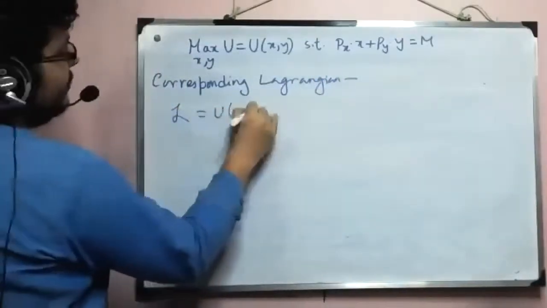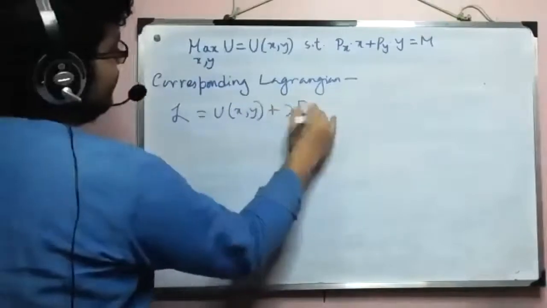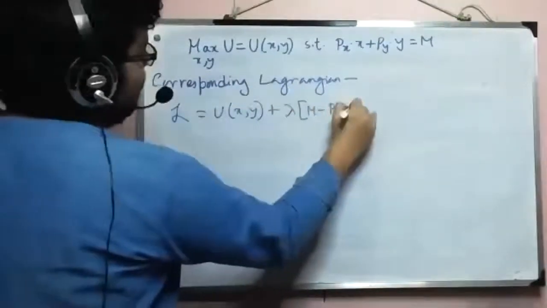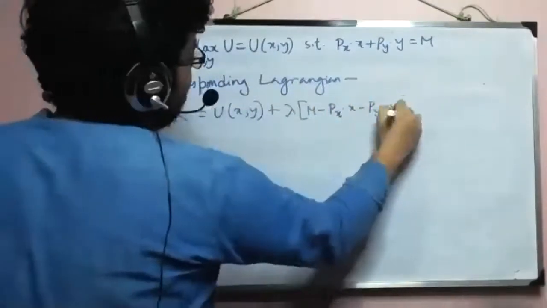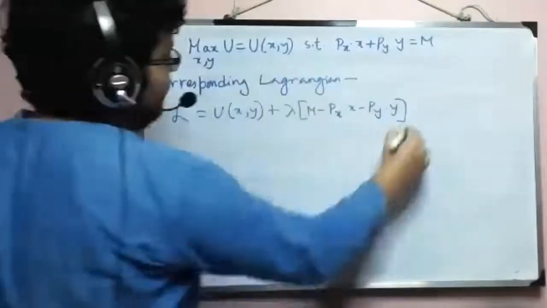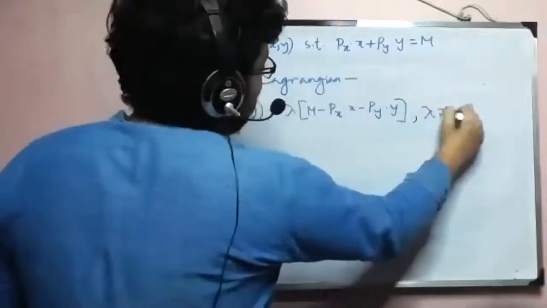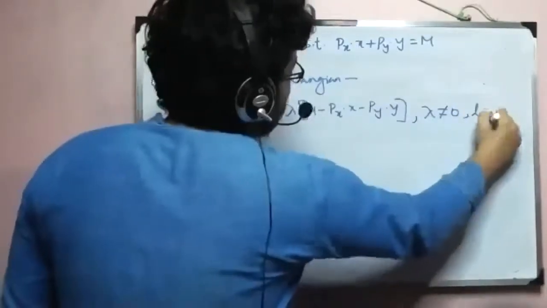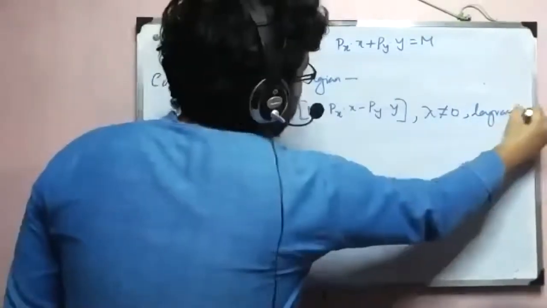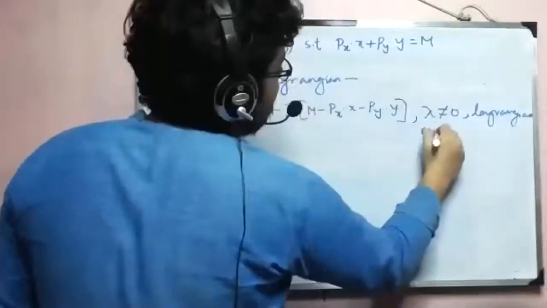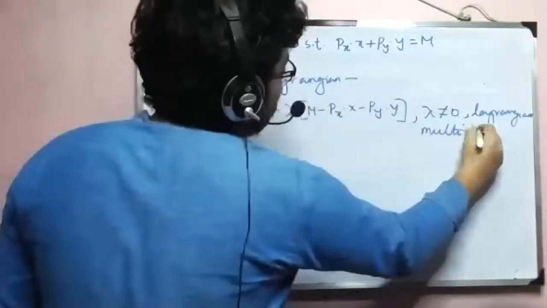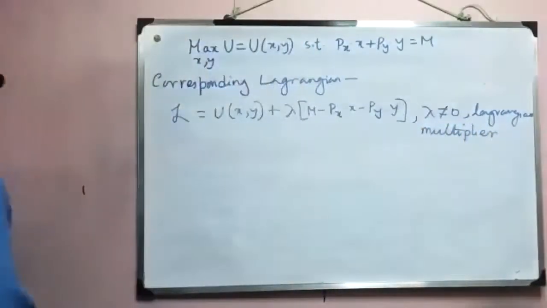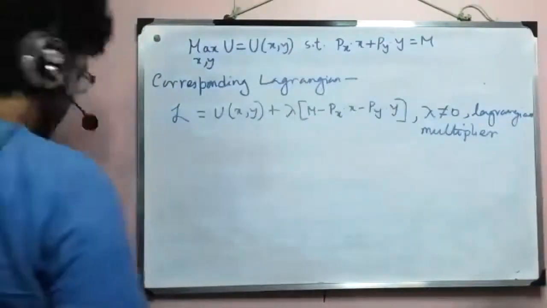So it will be this, with lambda not equal to 0, the Lagrangian multiplier, something that you must never forget to mention.